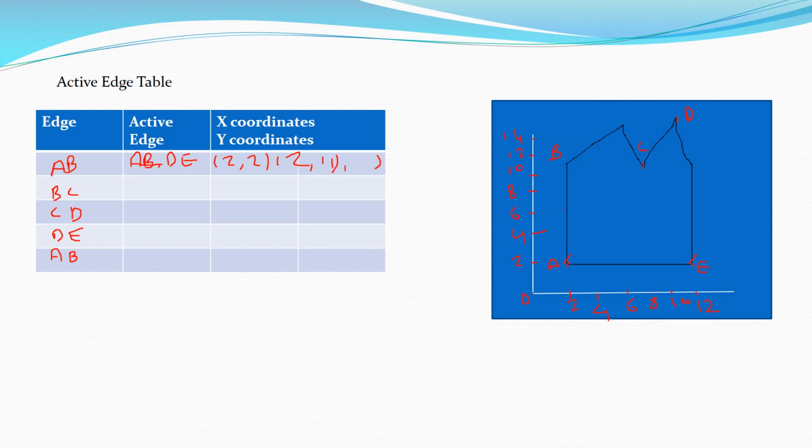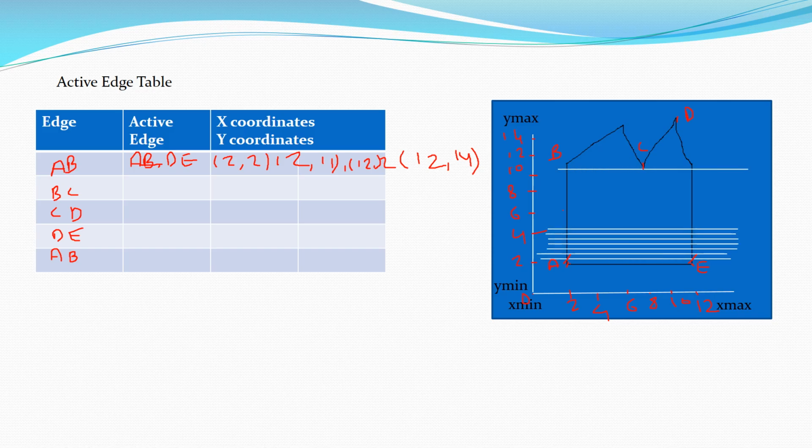Now next is D and E. The scale of x is 12 and y is 2. Next D, that is 12 comma 14. These are the coordinates of x and y. So like this we have to mention them. This is the filling.